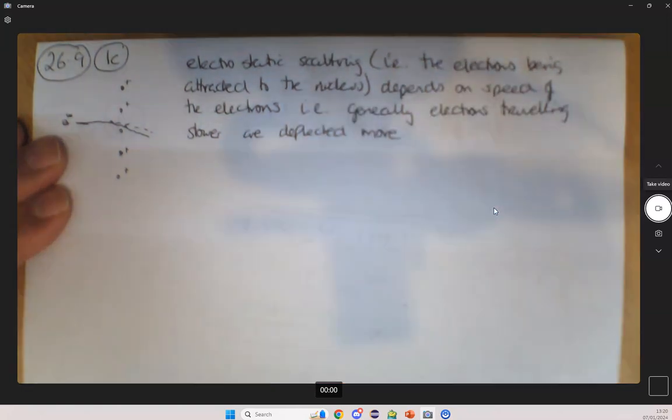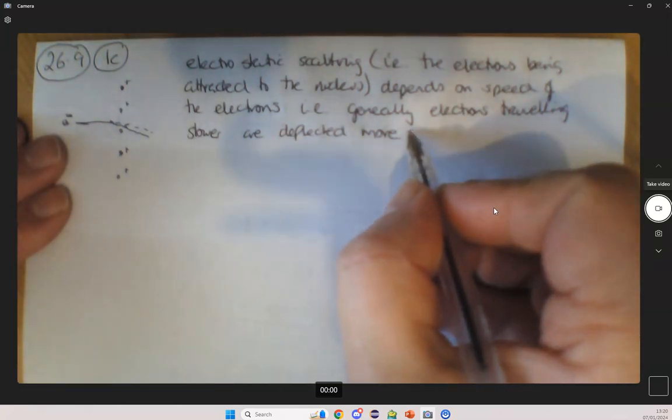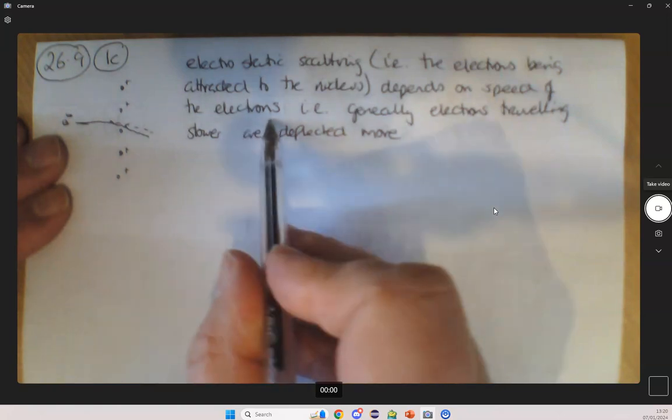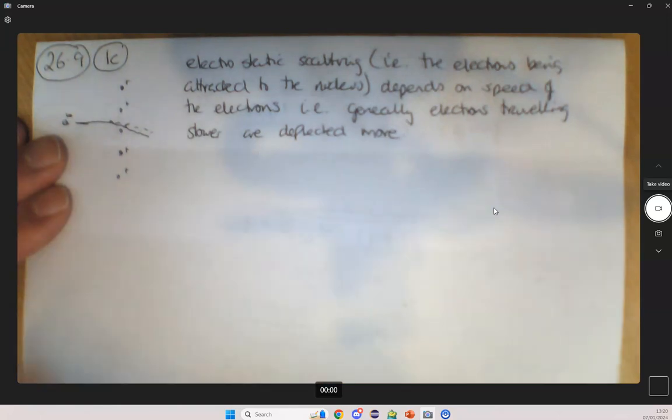And they're deflected more because they experience the force for a greater period of time. Now, obviously, your kinetic energy is a half mv squared. So if it's affected by your velocity, it's the same as saying it's affected by your kinetic energy. So that's our first bit.